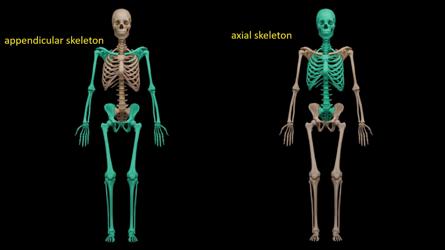The upper limb has its own girdle, called the shoulder girdle, and the lower limb has its own girdle called the pelvic girdle. In this presentation, we are going to address the shoulder girdle and bones of the upper limb.